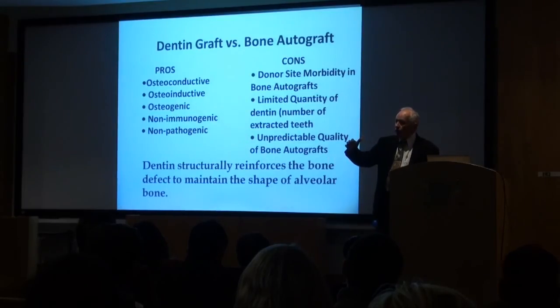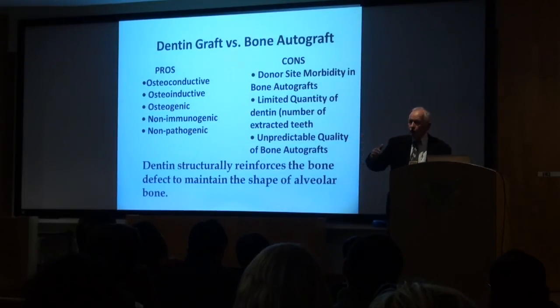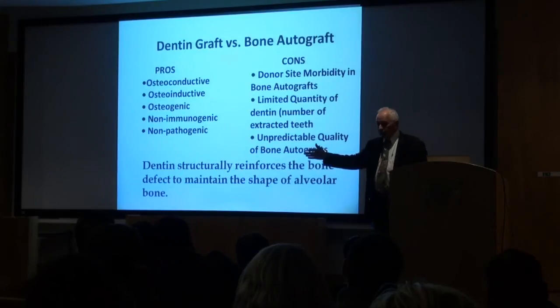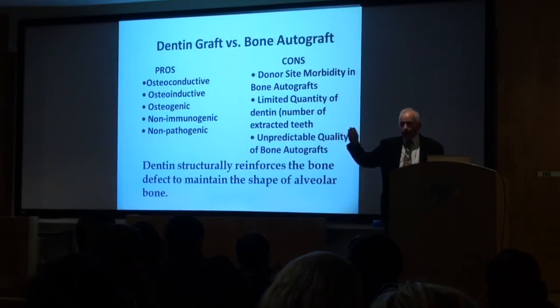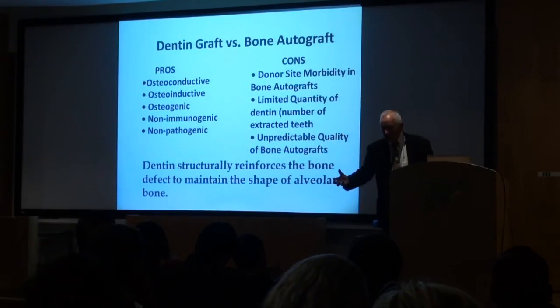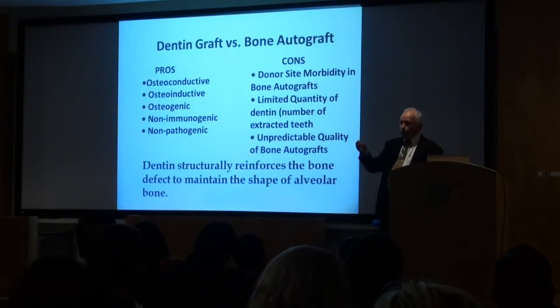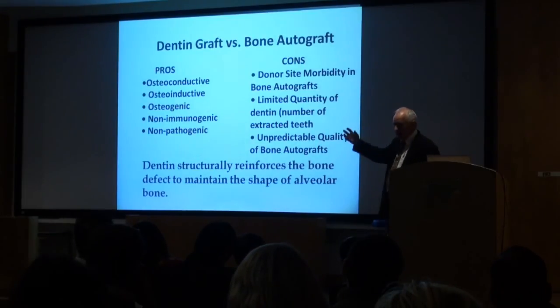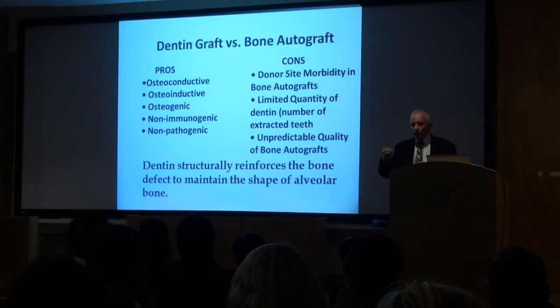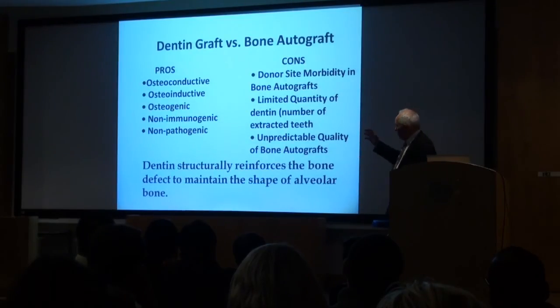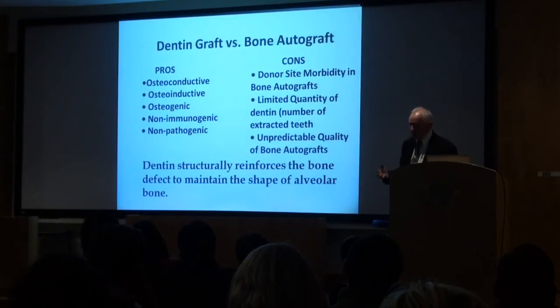I would prefer to tell you to use not animal material and not allografts, but synthetic materials. The synthetic materials are softer, but some of them are very bioactive, those that have silicium inside. So if you don't have enough dentin, you can add some synthetic materials to it. This is my suggestion.